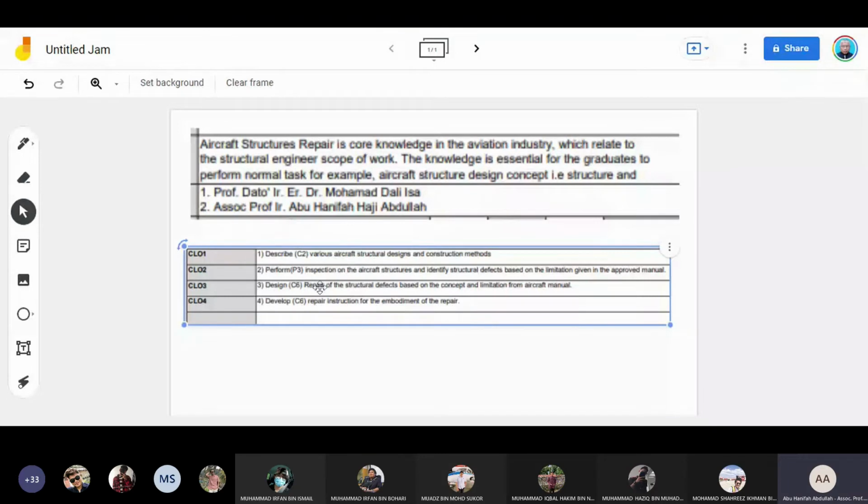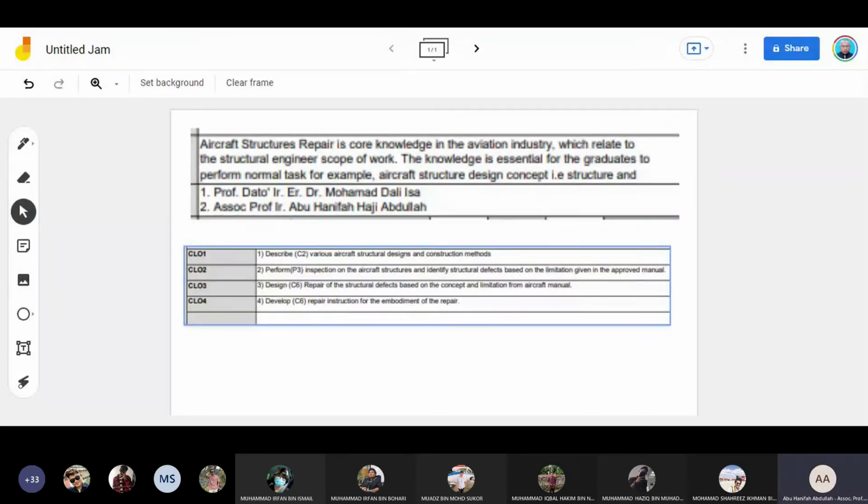Second, perform inspection on the aircraft structure and identify structure defects based on limitation given in the approved manual. Third, design repair of the structure defect based on the concept and limitation from aircraft manual. Fourth, develop repair instruction for the embodiment of the repair.